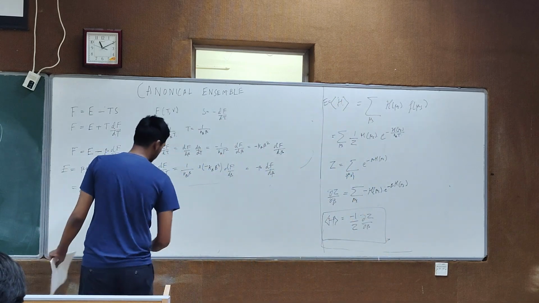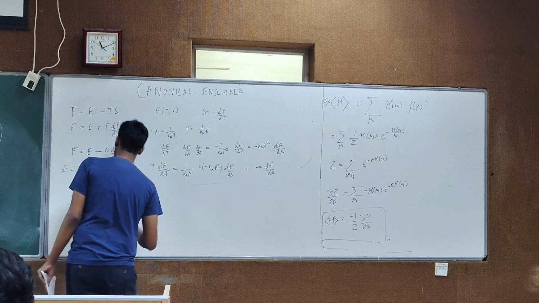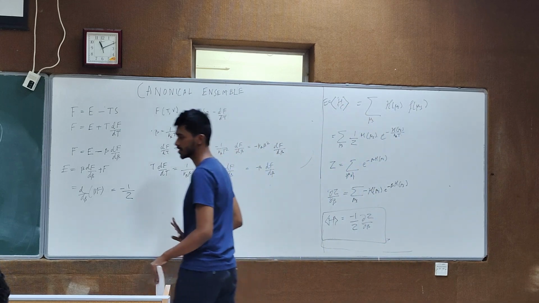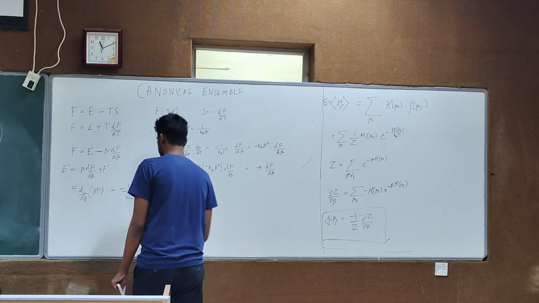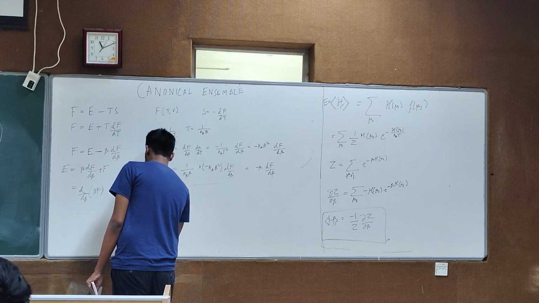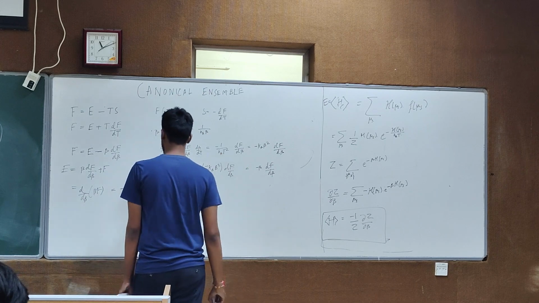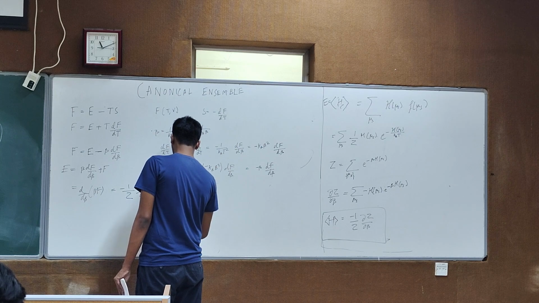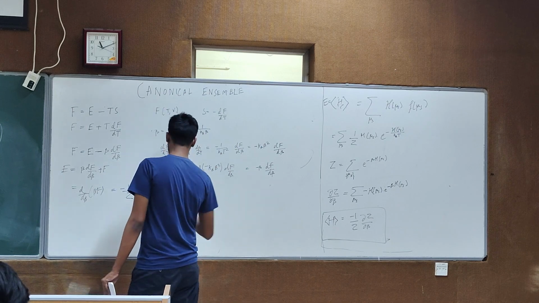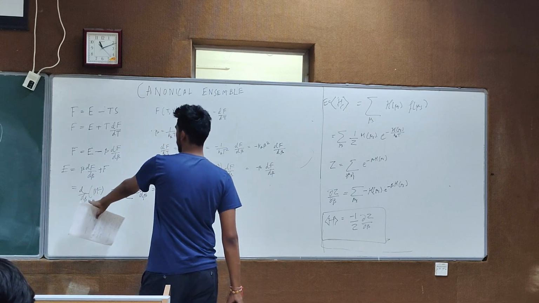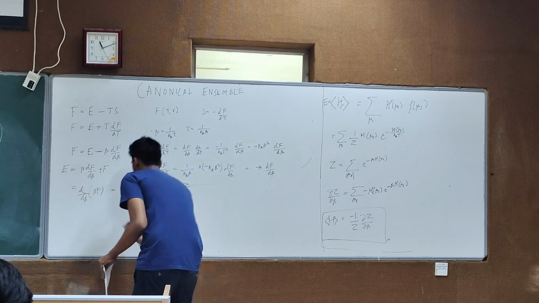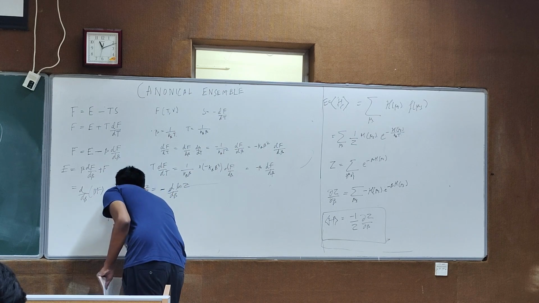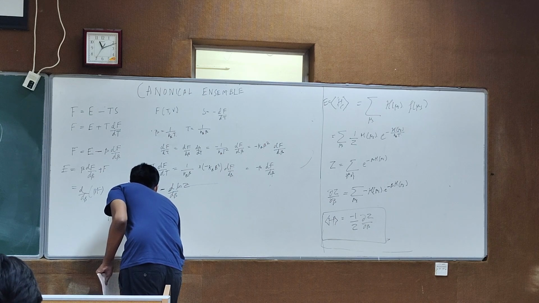And this is equal to minus 1 by Z d beta of Z, and you can write this as minus d beta of log Z. And so comparing this and this, you get beta F is equal to minus log Z. So F is equal to minus 1 by beta log Z.